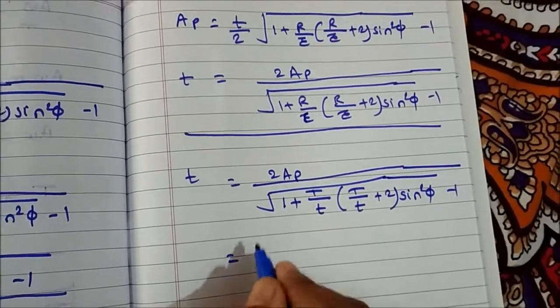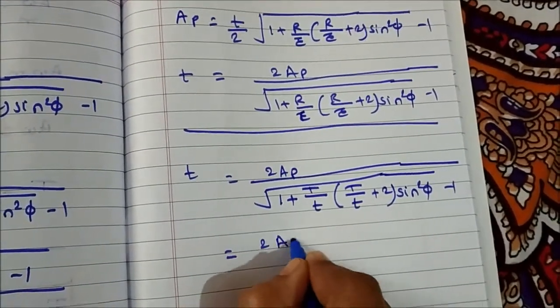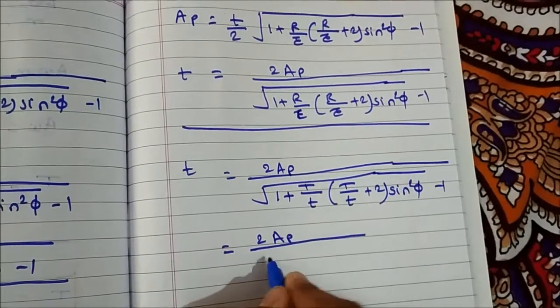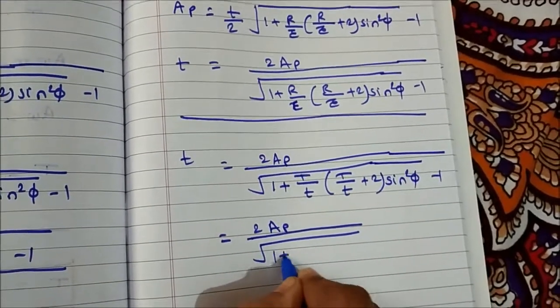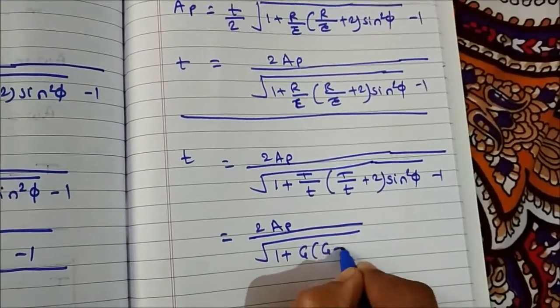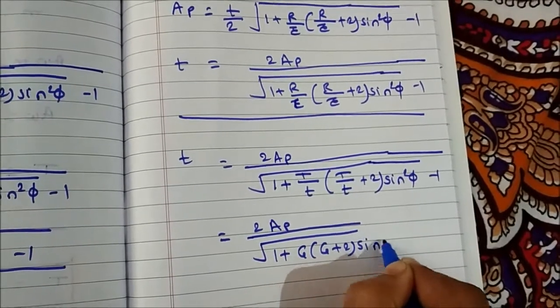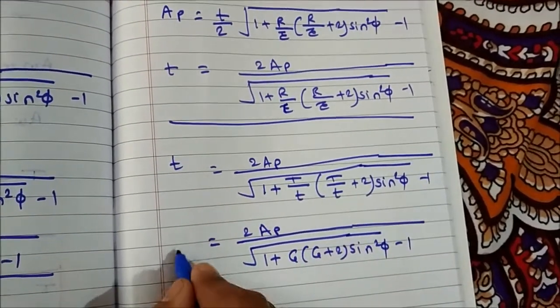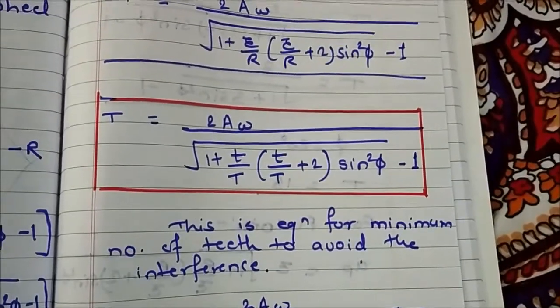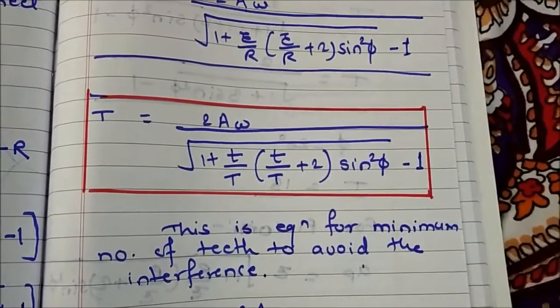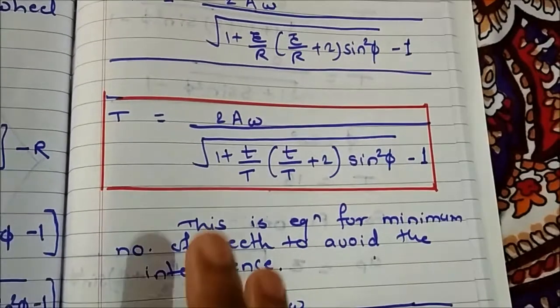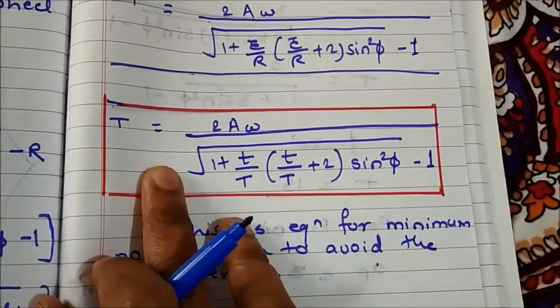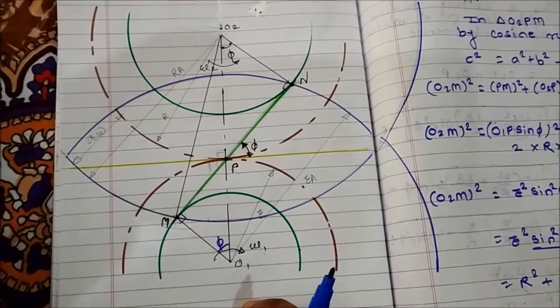Similarly, now instead of this T upon t we'll put G, so it is 1 plus G plus 2 sine square phi, minus 1. I hope you get the concept and how to get the minimum number of teeth in order to avoid the interference. So we'll stop here. Thank you.